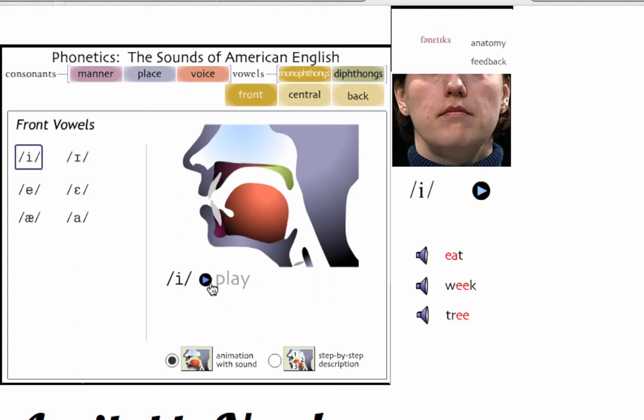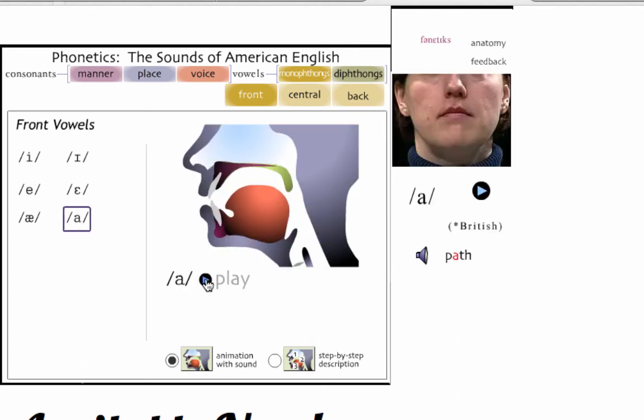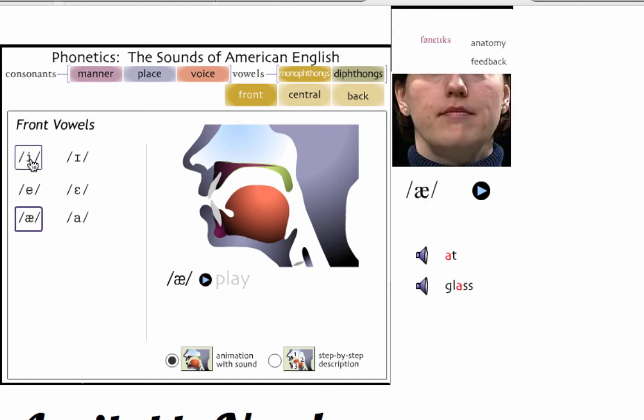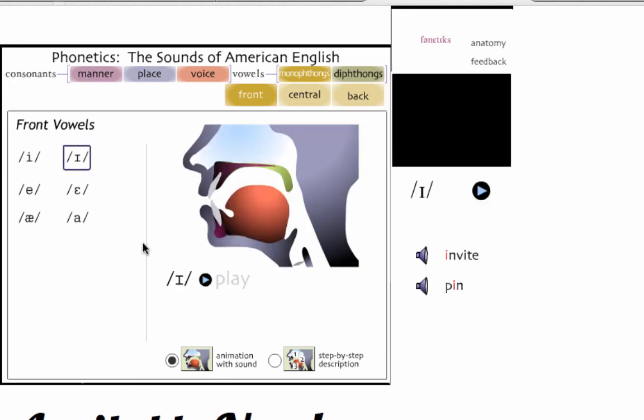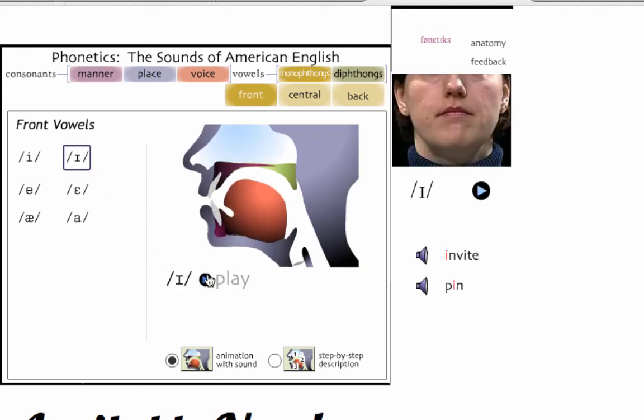So high, low, and also low at more or less the same distance. Now take a look at this difference here. By slightly moving the tongue a little lower, you get a different sound.